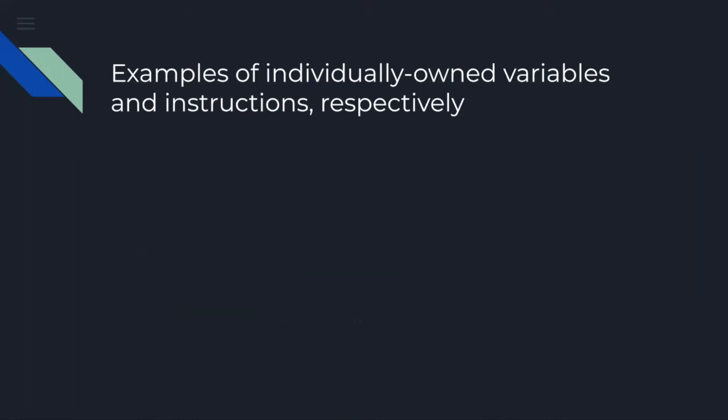So this is the last slide. It's a little text heavy, so we're going to go through it one by one. It's just examples of the individually owned variables that we just talked about, and then the instructions. Say we're playing a game and each agent is a player in this game.